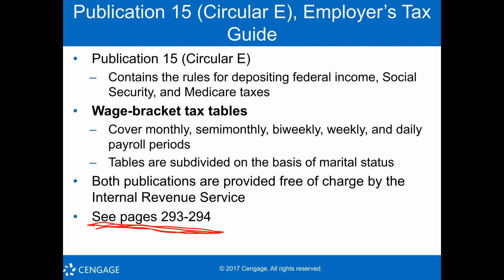But basically you look at the gross wage range, the taxable income range, right? And then we look at how many withholding allowances they have to determine how much federal income tax to withhold. So anyway, we'll get practice doing it together in class.